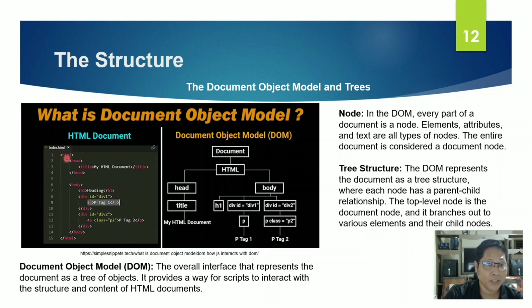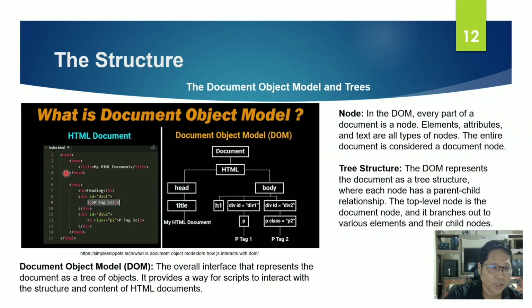Okay, so now we will look at the actual code here. We have the HTML here, the opening and closing HTML. Under HTML, we have the head and the body. Just like here, the HTML, we have the head and the body. Head is the direct child of HTML, and also body is the direct child of HTML.